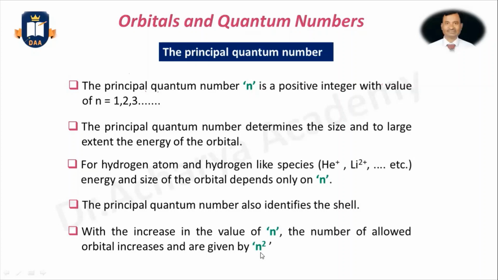For principal quantum number 1, the number of allowed orbitals is also 1. But when n is equal to 2, the number of allowed orbitals increases: 2 square is equal to 4. Similarly, when n is equal to 3, the number of allowed orbitals is 3 square, that means 9, and so on.